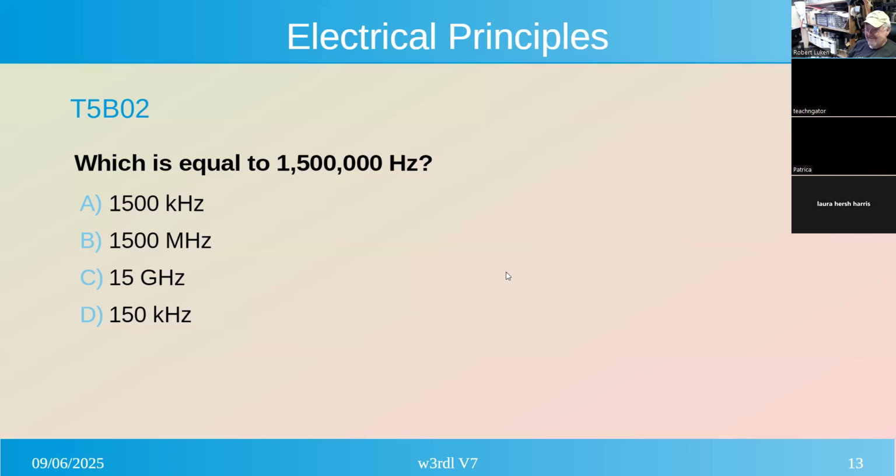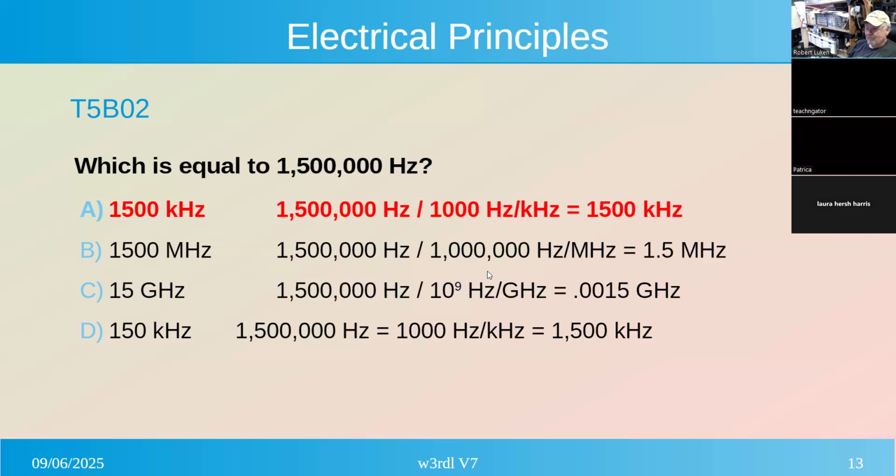Isn't that megahertz? It can't be delta either. Kilohertz would be 1.5 megahertz, that's not an answer. It's gotta be alpha. I'm gonna go for alpha. Yay.